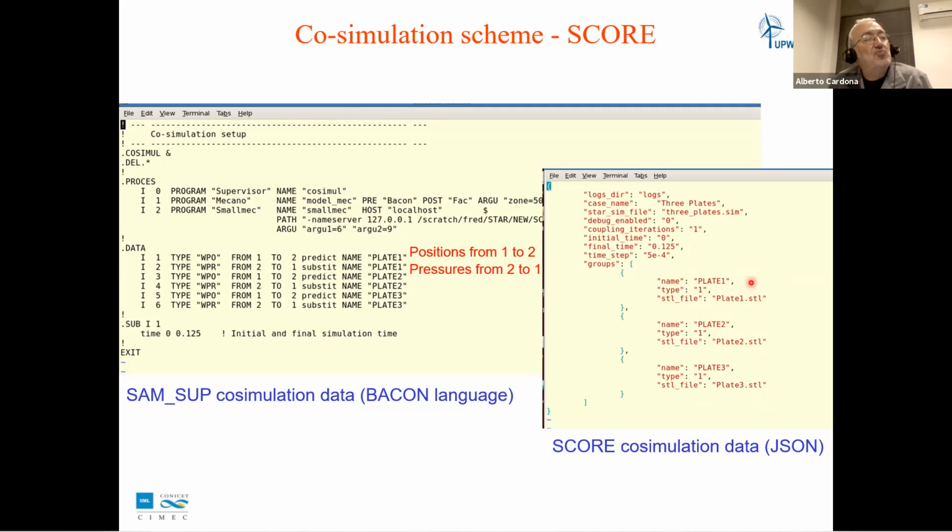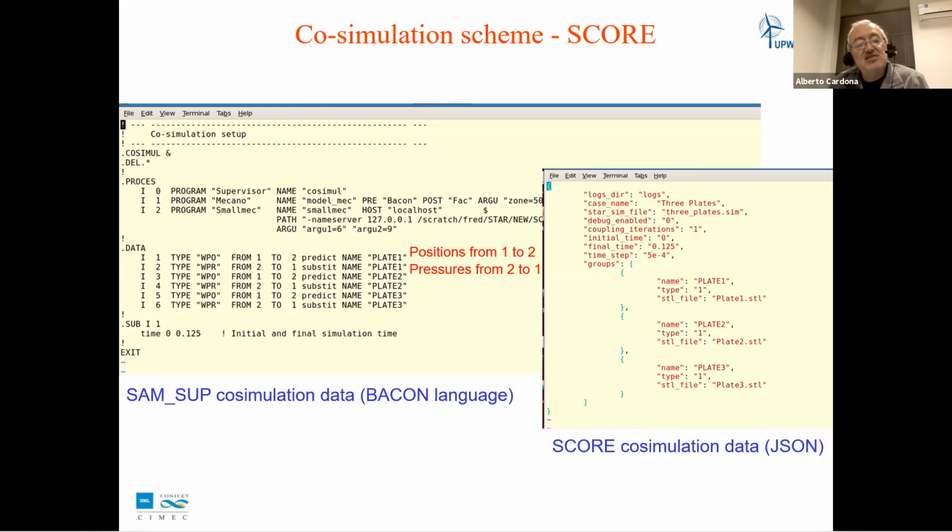And this data is communicated to Star-CCM in order to compute pressures that should go back to Meccano. There are some other data here, for instance, the number of coupling iterations of the cosimulation, the time step of the simulation, and some other data is also given. And the format here is what is named JSON format for the description.